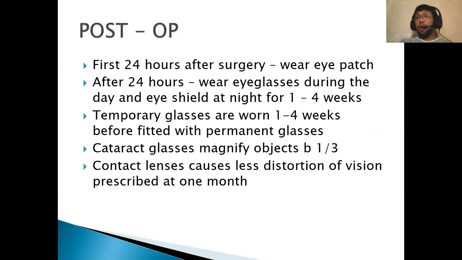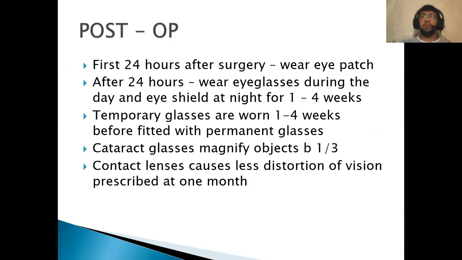Cataract glasses magnify objects by around one third, so advise the patient of that. Contact lenses cause less distortion of vision, as prescribed at 1 month for ICCE or ECCE. But if there is an intraocular lens implanted, there's no need for these glasses because they are rarely used nowadays. The intraocular lens implant is more advisable.